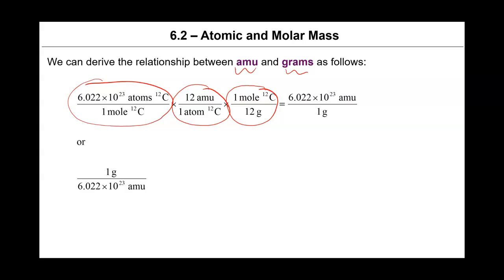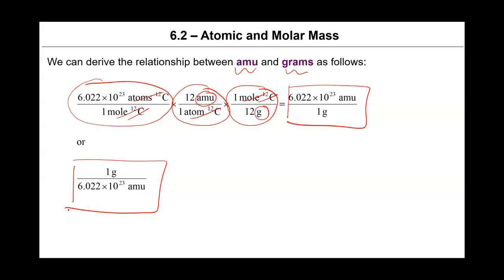So we put all of this together in such a way that the units cancel out, and we end up with a relationship between AMU and grams. And what it tells us is that there is an Avogadro's number of AMUs in 1 gram. This is a much more convenient conversion factor for converting between grams and AMU.